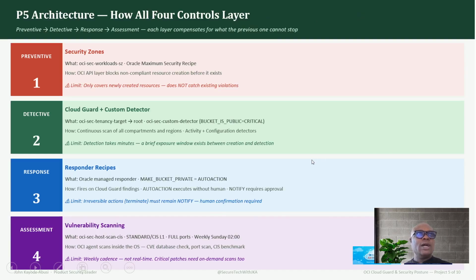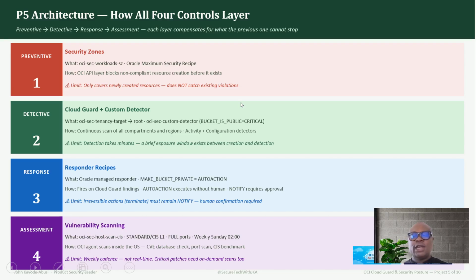So now I have explained. Now we look at how all four control layers work together, or fare together. I like using that word, fare together. You see the security zone: what it does is prevent, and it only covers newly created resources and does not catch existing violations.